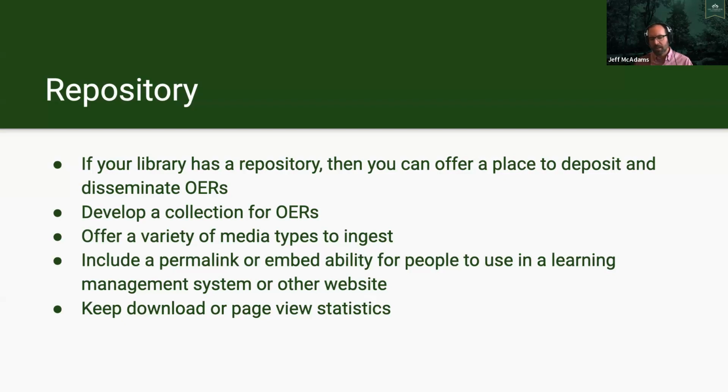So I know that repositories can be intimidating and, in our case, expensive. You either license it from some company, or you have to spend a good deal of time paying a developer, or somebody who's got those skills has to spend their time maintaining the software and all the stuff.